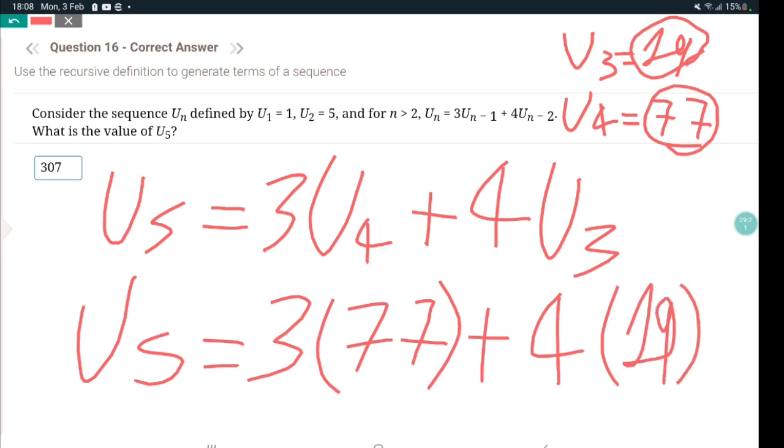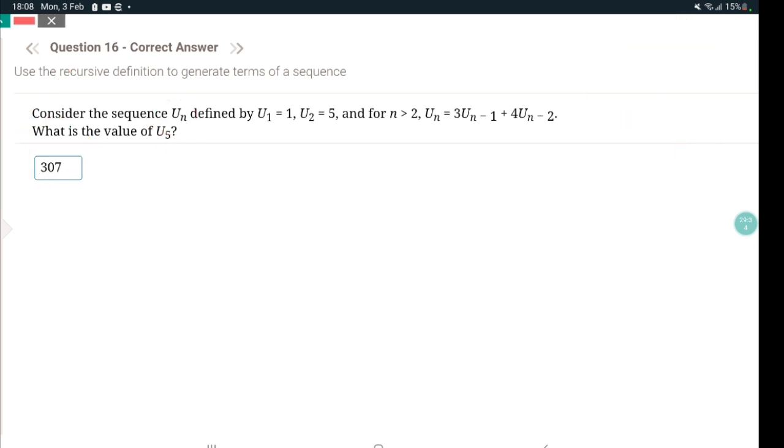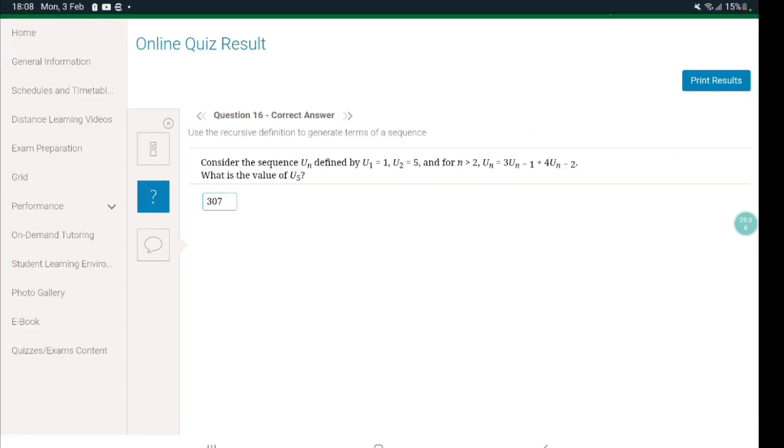Solve, you will get u5, which is 307. They're asking for the value of u5, which is 307. So we found the answer. Next question.